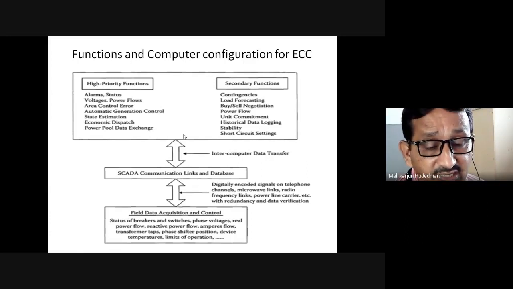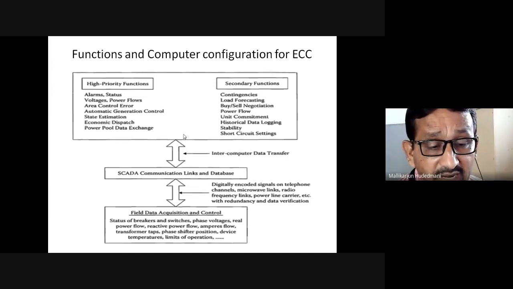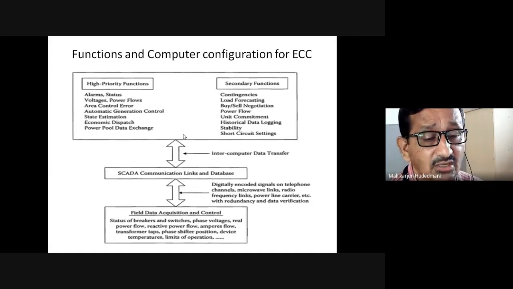All these things, contingency analysis, load forecasting, buy and sell with the neighbor corporation, load flow study, unit commitment, historical data recording, stability study, fault analysis, all these operational aspects of a power system were listed and discussed.